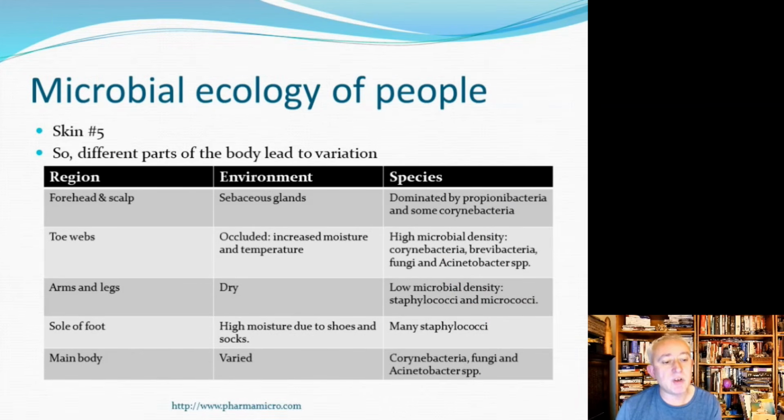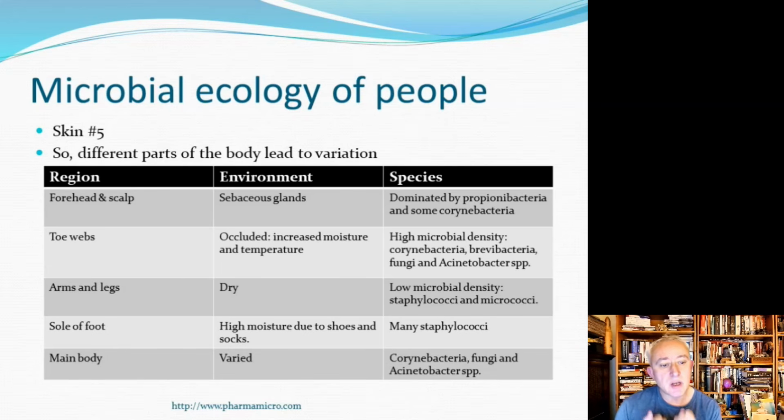These are found in different environments, as I mentioned before, these different ecological niches. So forehead and scalp are predominantly sebaceous glands, and they're dominated by Propionibacterium, Cutibacterium, some Corynebacterium. So we've got some interesting thoughts there about anaerobes as well, and the risk they might present.